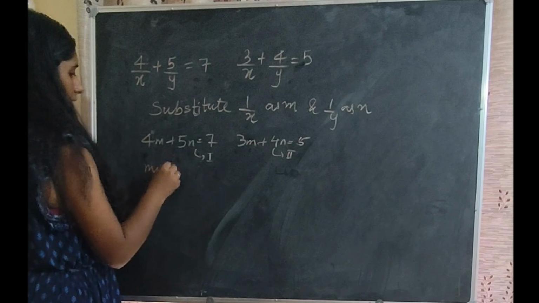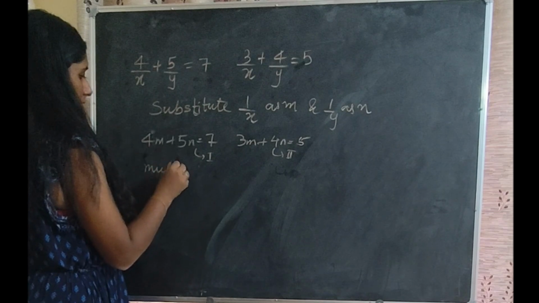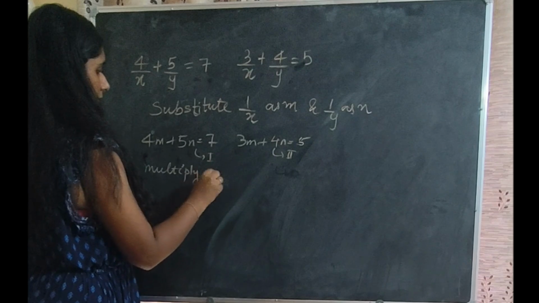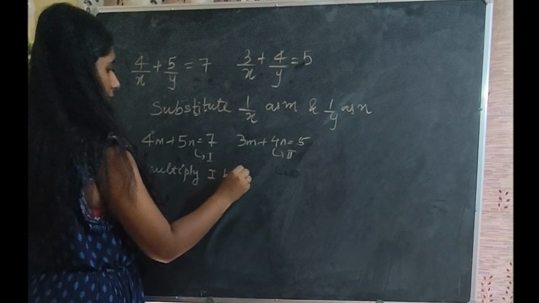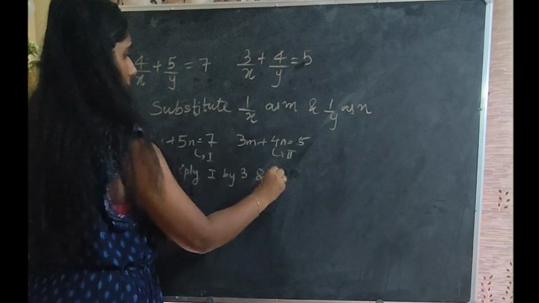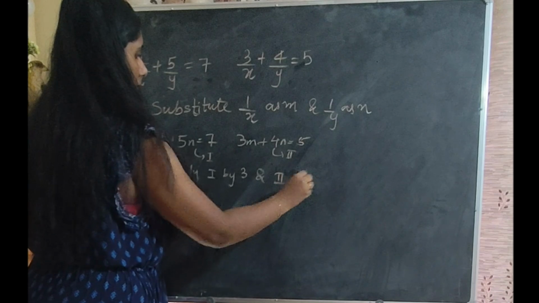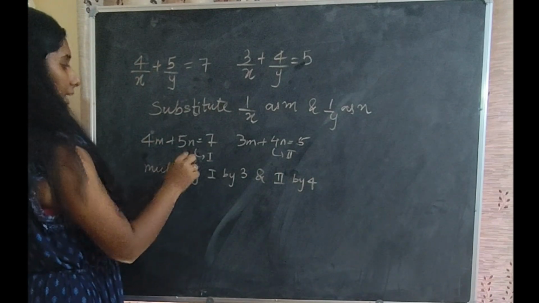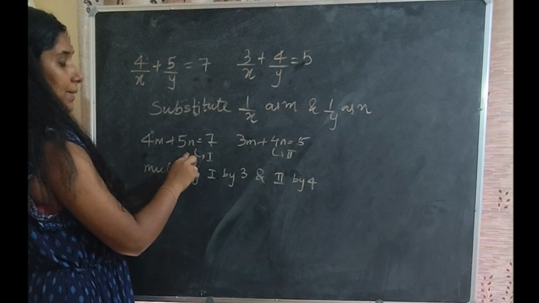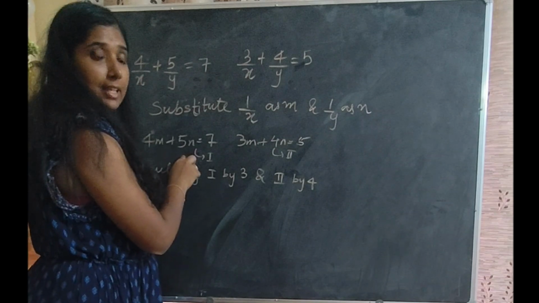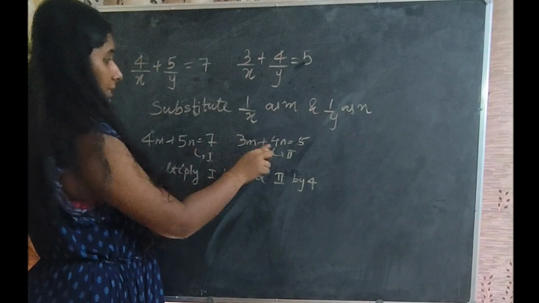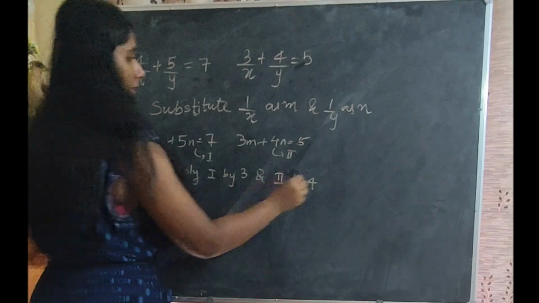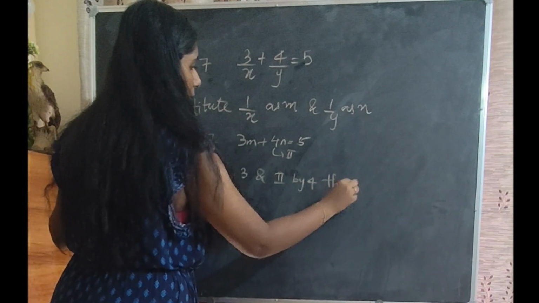Multiply 1 by 3 and 2 by 4. You can eliminate n as well. If you want to eliminate n, then you have to multiply this by 5 and this equation by 4, throughout.